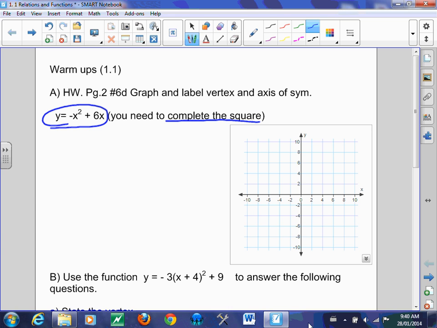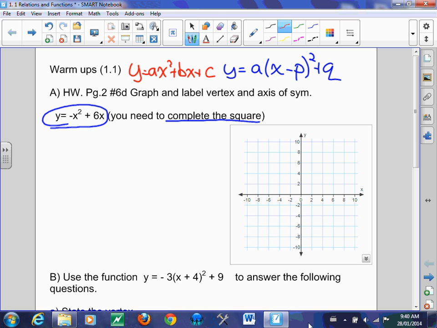Just remember, in order to graph a parabola, you want to have it in vertex form. And vertex form is y equals a(x minus p) squared plus q. However, this question is given in the standard form, and the standard form is y equals ax squared plus bx plus c. So what we need to do is what we call complete the square.